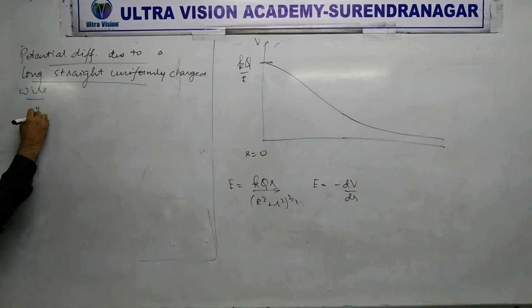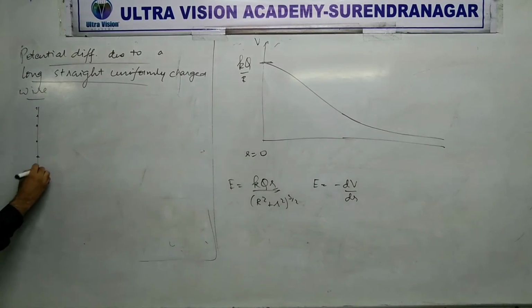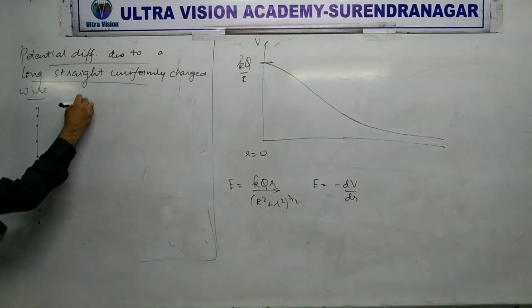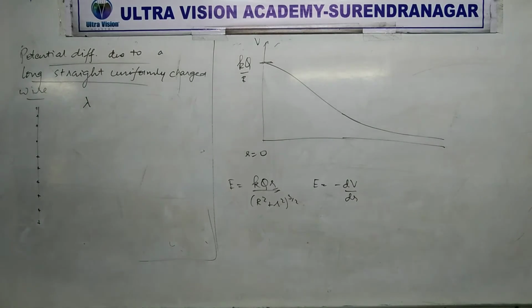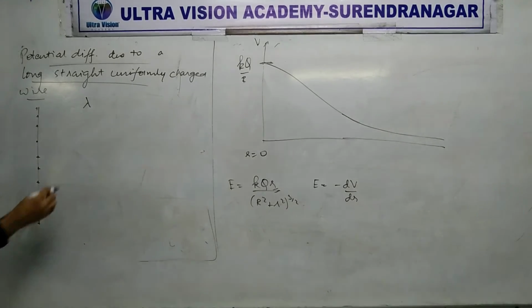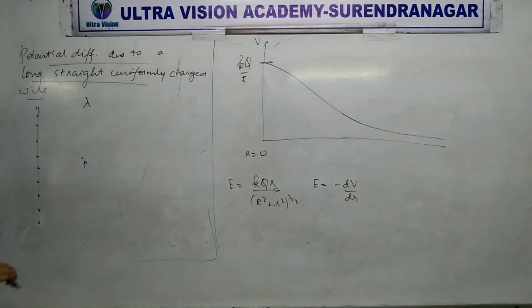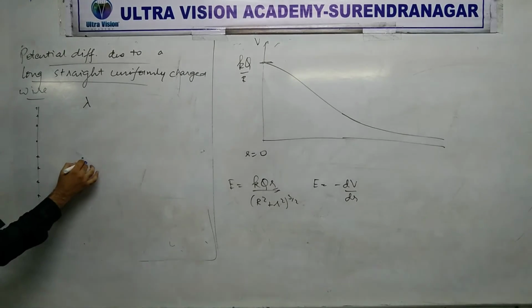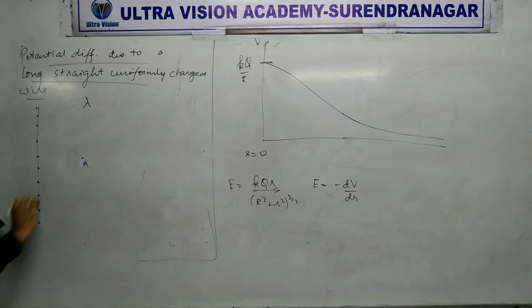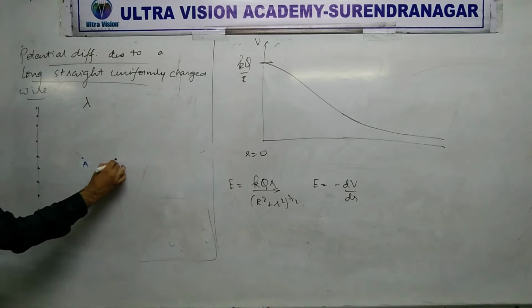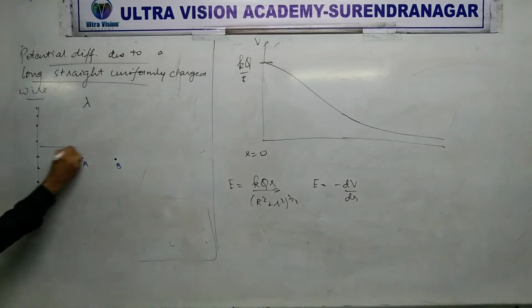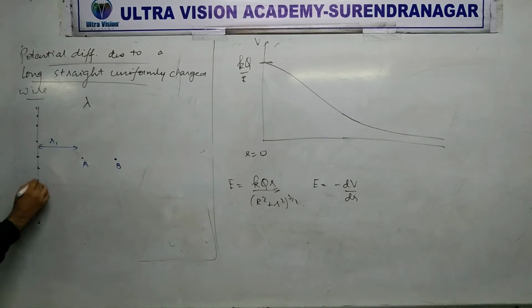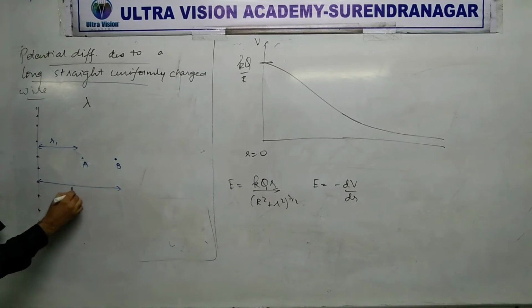It's uniformly charged, so suppose it has charge everywhere like this, with linear charge density lambda. Here is the point P. Let's say A is at a distance r1 and P is at a perpendicular distance r2.